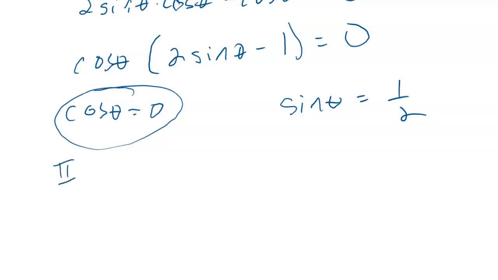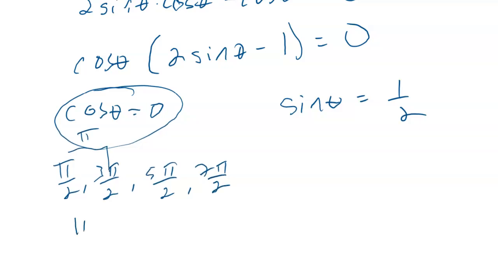Cosine theta is 0 at pi over 2, 3 pi over 2, 5 pi over 2, 7 pi over 2. What do these differ by? They differ by pi. So we can do pi over 2 plus pi k, or k pi, as one of our answers. I'm just double checking.